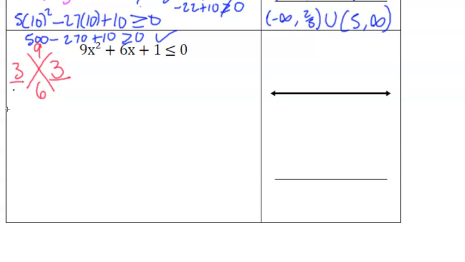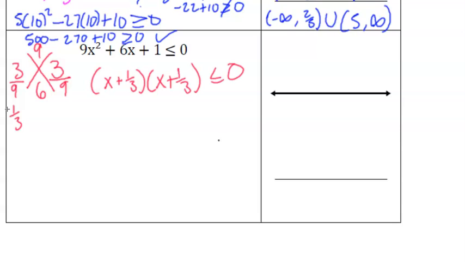A is not 1 here, so we have to show that we're going to divide by a. So 3/9 reduces to 1/3, and it's just the same thing twice. So we have x plus 1/3 and x plus 1/3 is less than or equal to 0. So your only critical value is negative 1/3.